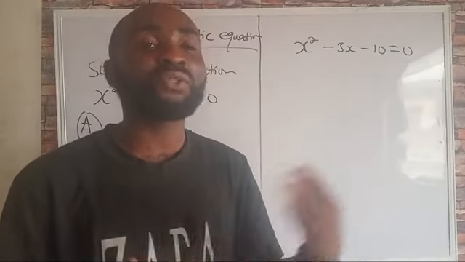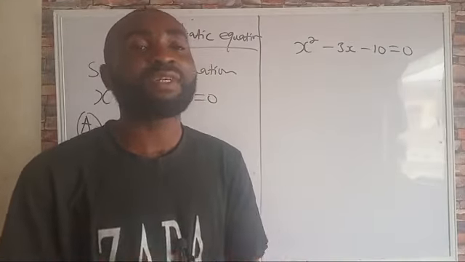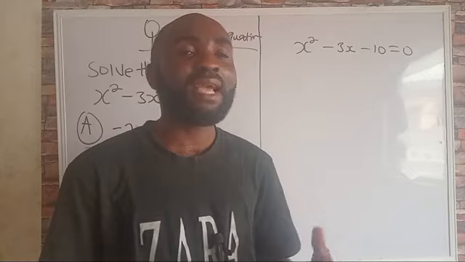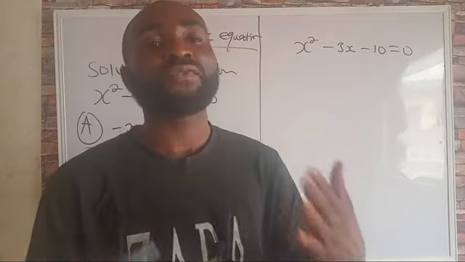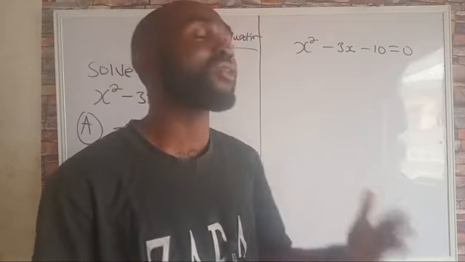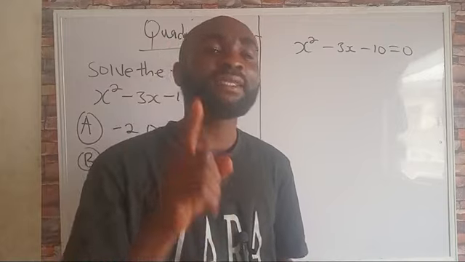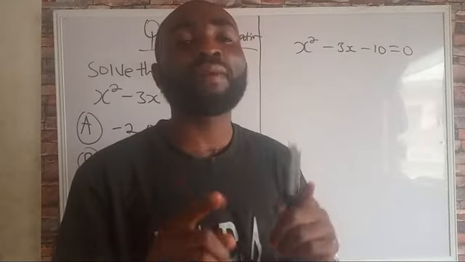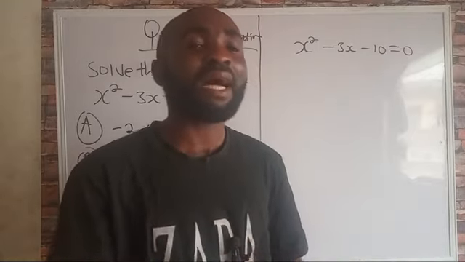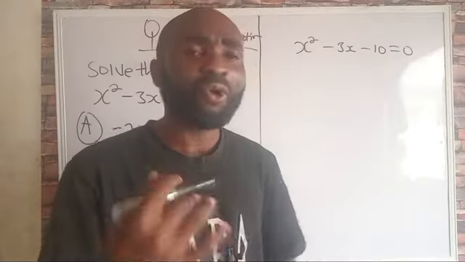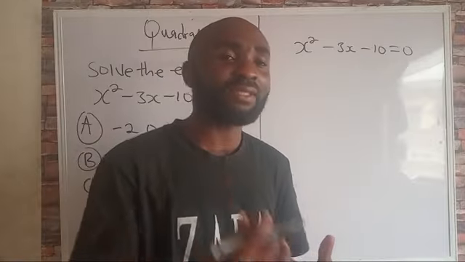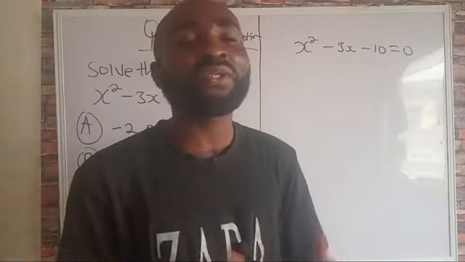So there are various ways of solving a quadratic equation, but I will advise that any quadratic equation you feel is too difficult to factorize, don't waste your time, just go straight to the formula method. If you use the formula method, you get the right answer in a short period of time. But if you know the question is one you can factorize, I think factorization is the best, but not every question can be factorized.